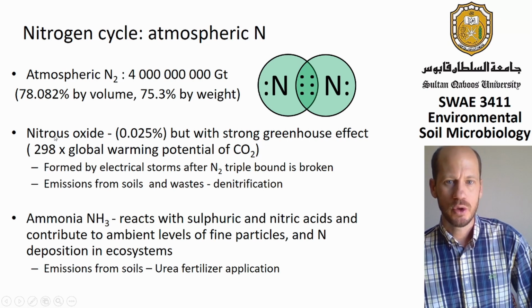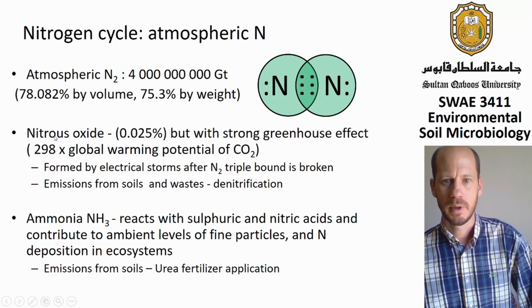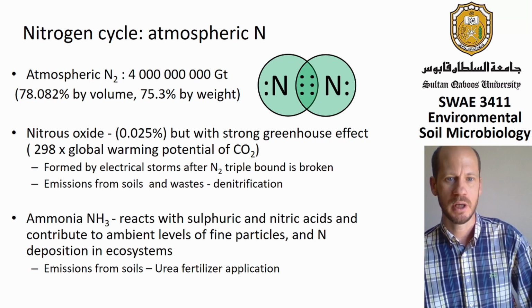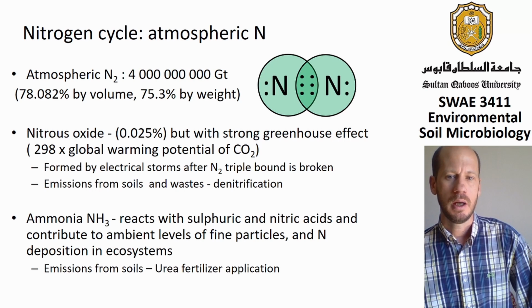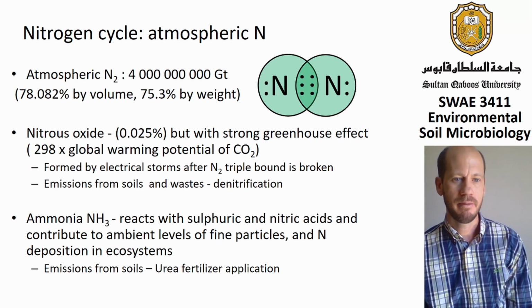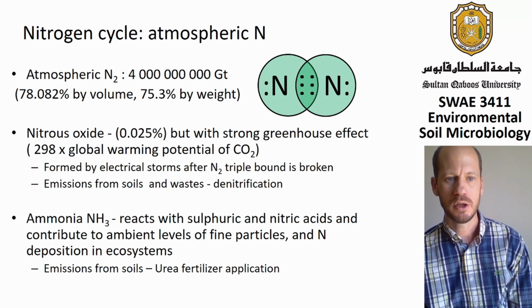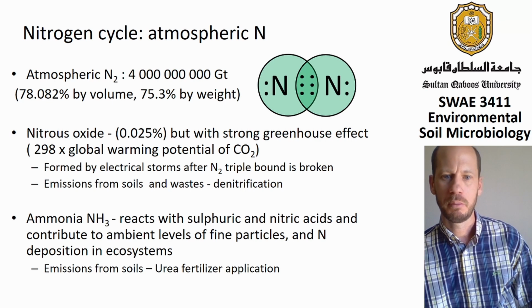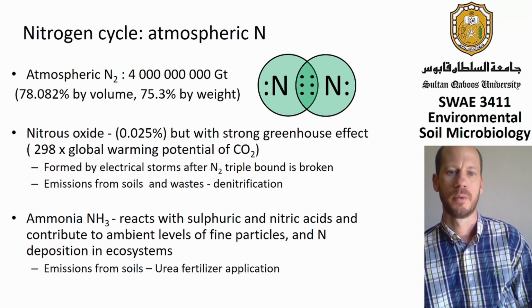Nevertheless, N2 is not the only type of atmospheric nitrogen. We also have nitrous oxide, which accounts for 0.025% of the atmosphere. The reason nitrous oxide is so important is that it has a very strong global warming potential, 298 times higher than that of CO2.